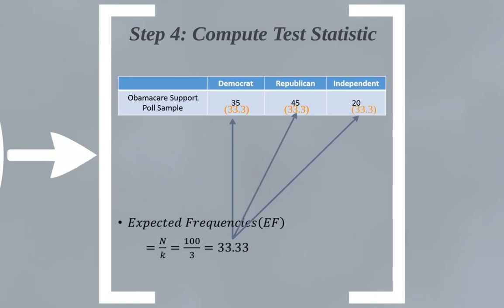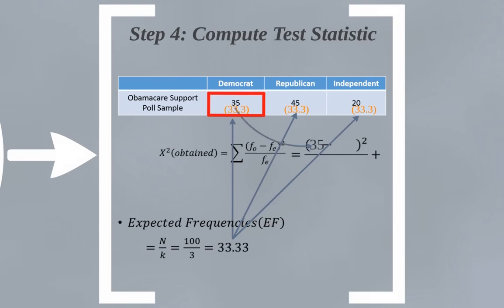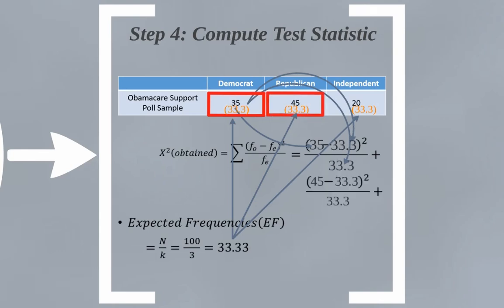And now when we're calculating our chi-squared obtained value, we're assuming that expected frequencies are all the same, right? So we use the exact same calculation as we did with the test of independence. So we can start plugging in our numbers. We have our 35 here, we have our 33 here and here, and then we can just start building out the equation, right?